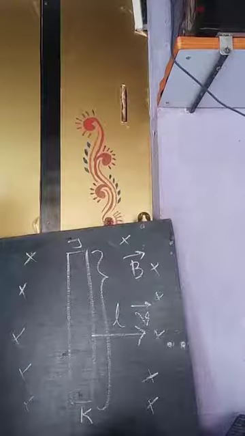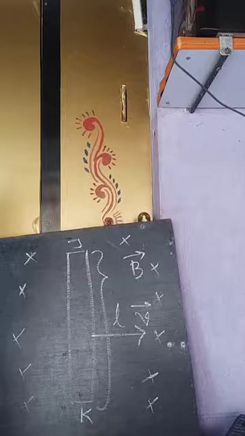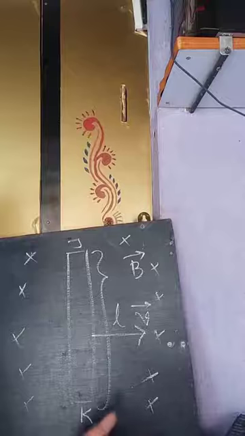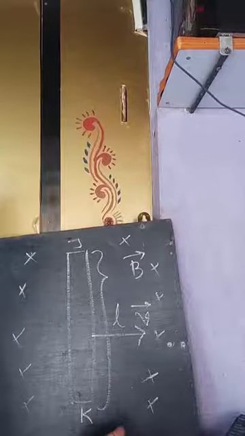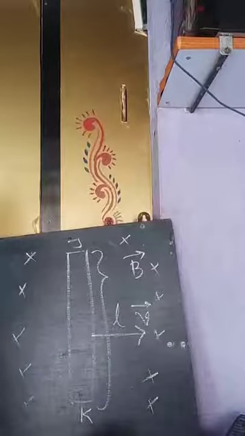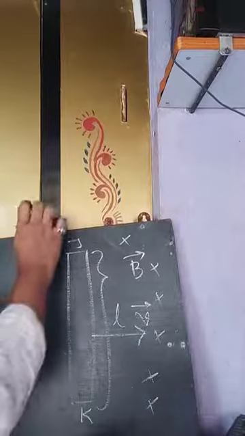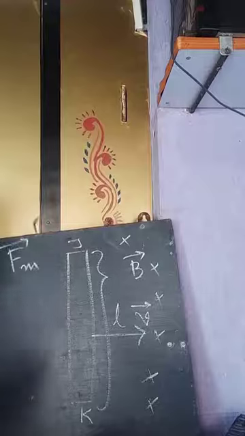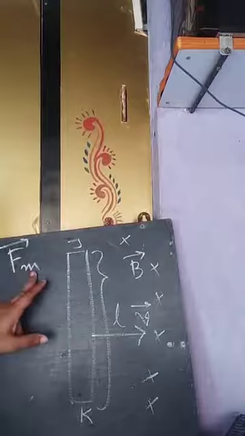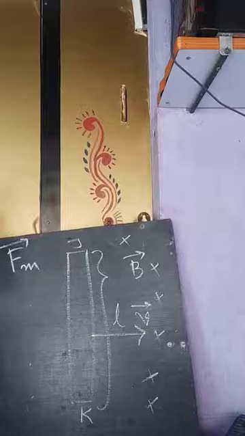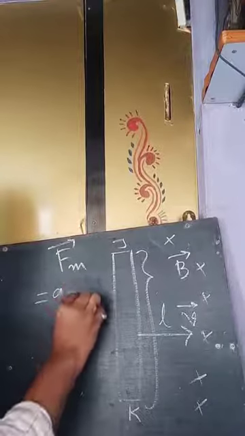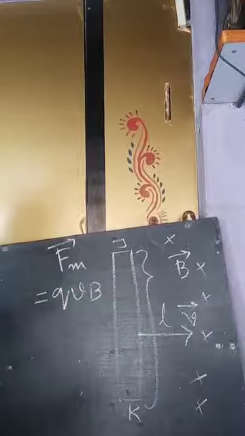We have read that when a charge Q moves in the magnetic field B with the velocity v, perpendicular to the field, it is acted upon by a magnetic force Fm. I have denoted the magnetic force as Fm. What is the magnitude of this magnetic force? That is QvB, right?